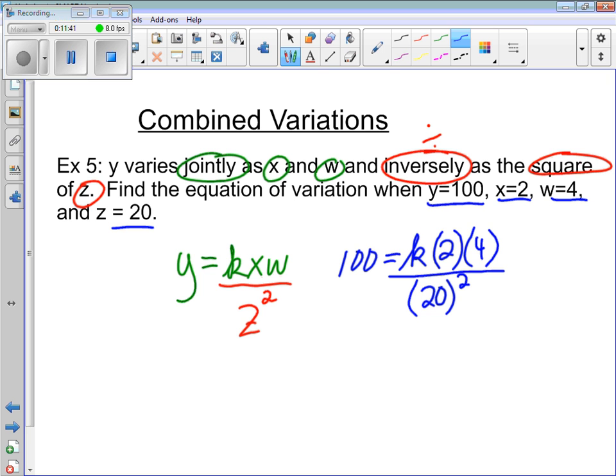100 equals 2 times 4 is 8, so 8K, divided by 20 squared is 400. And now multiply by 400.